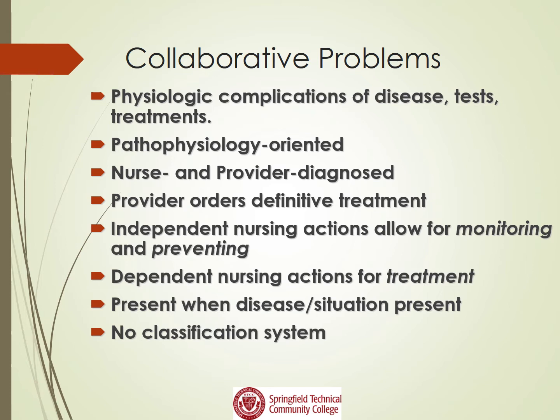Independent nursing actions allow for both monitoring and preventing of collaborative problems. And there are dependent nursing actions, such as the nurse giving the Lasix, for treatment. They are present when there's a disease or a situation present. Pretty much a collaborative problem can happen to anyone at any time, and there's no classification system used.